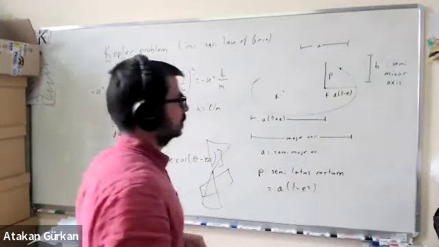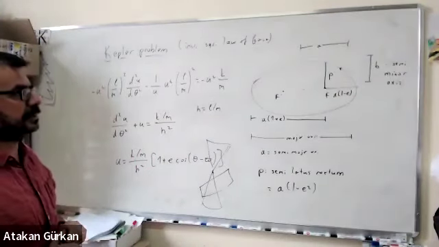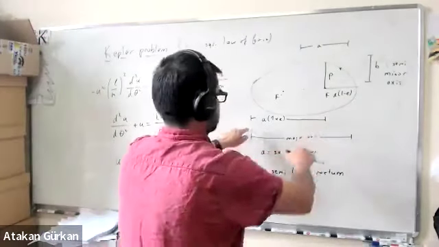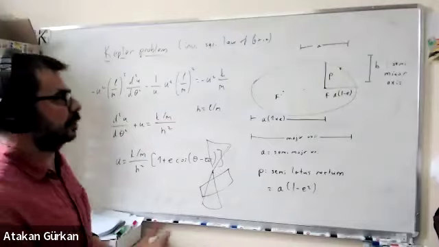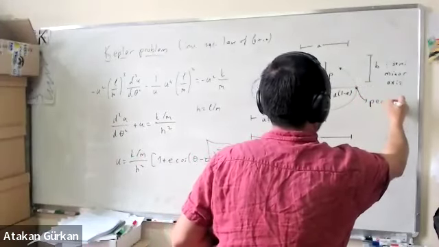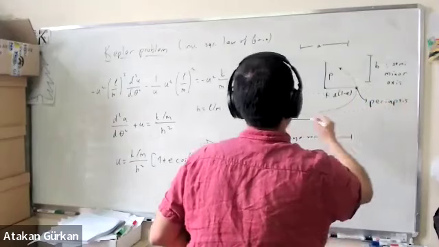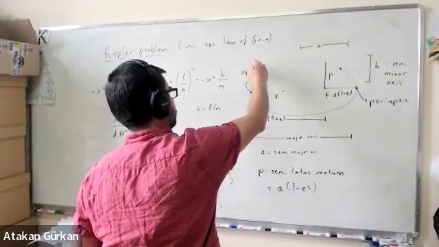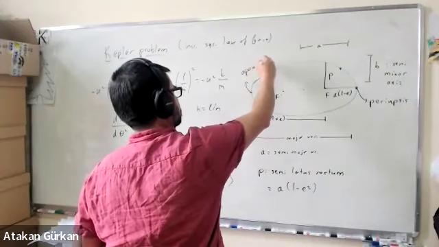This distance is typically called, for an orbit, the periapsis distance or pericenter distance, and this one is the apoapsis distance or apocenter distance. So this point of closest approach is the periapsis, and this one is called the apoapsis. These are just names.